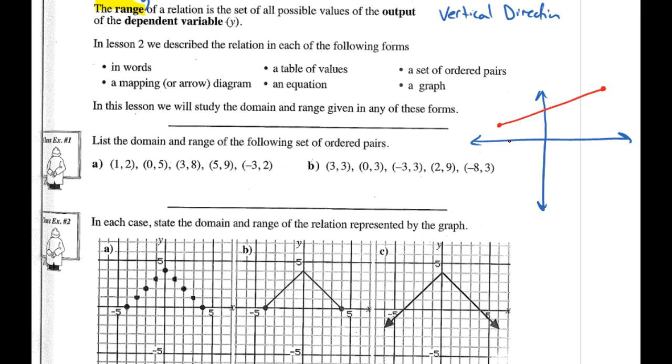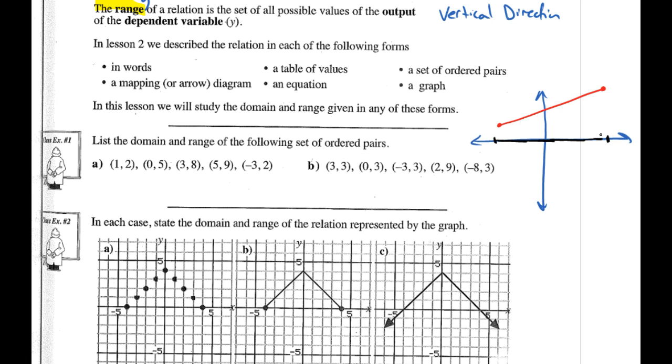Well, the way you want to think about domain would be all the possible x values from there to there. So I'm going to color all the black here. That would be the domain.